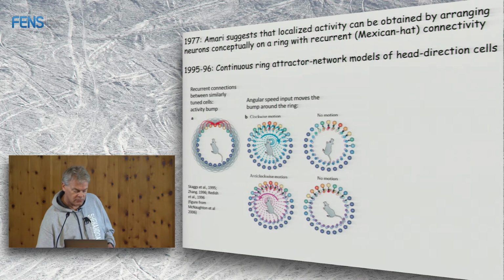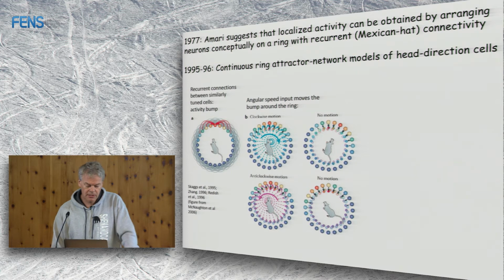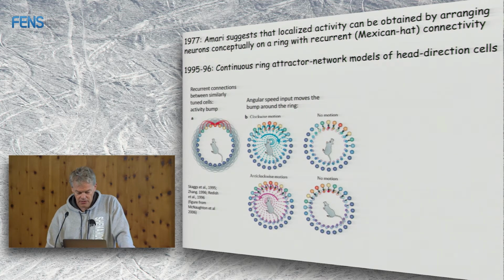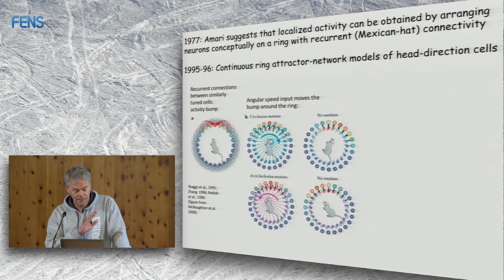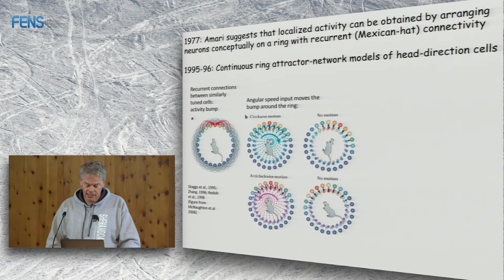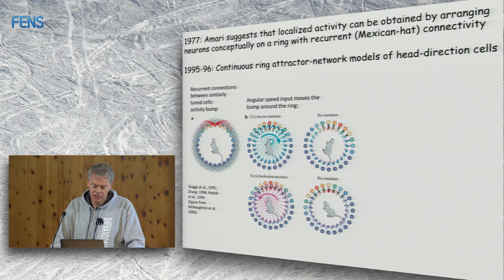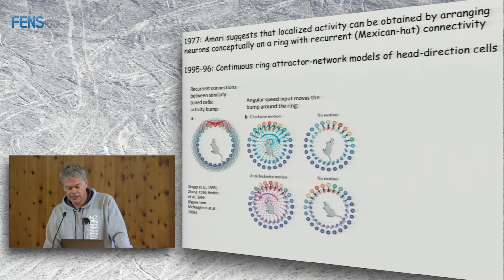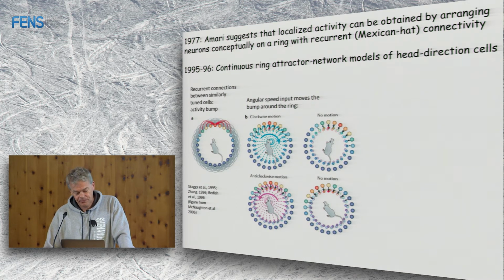So you heard that yesterday, but let me first say that perhaps the best evidence, certainly the most direct evidence for such a ring attractor is the fly work from the central complex that you heard about yesterday from Vivek.